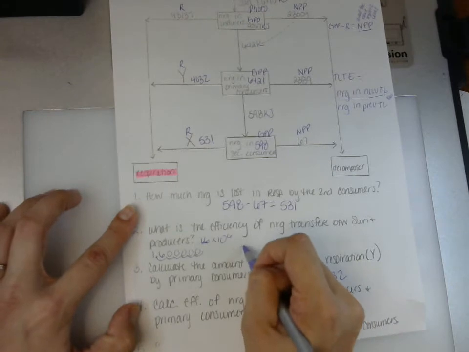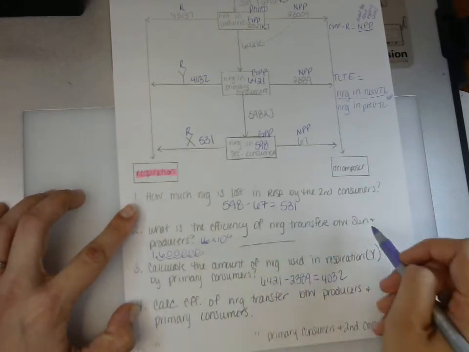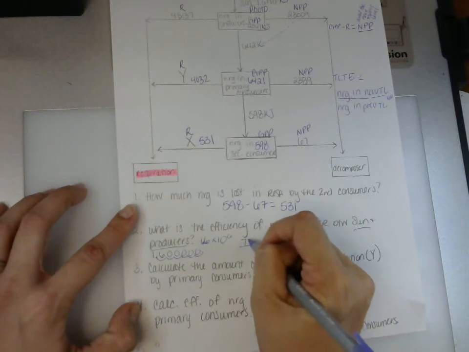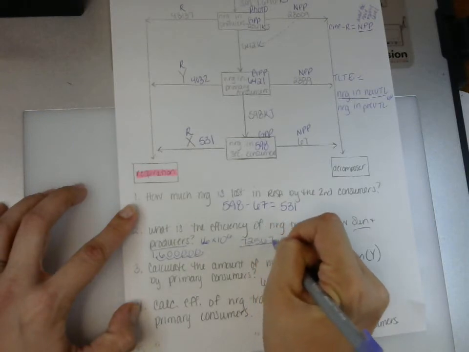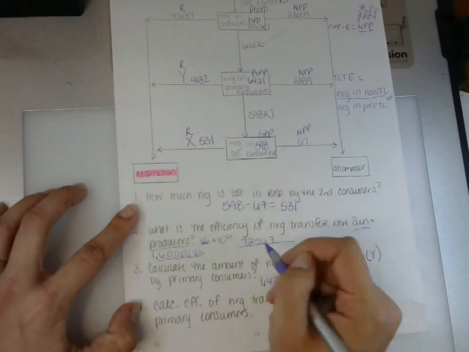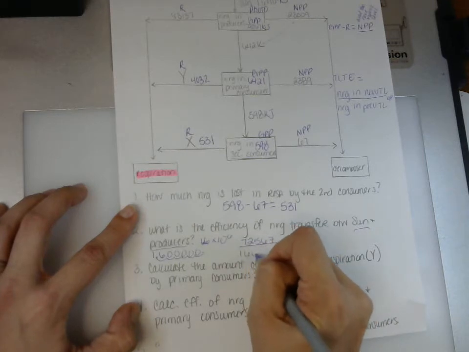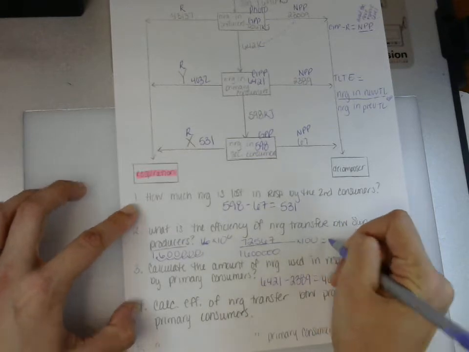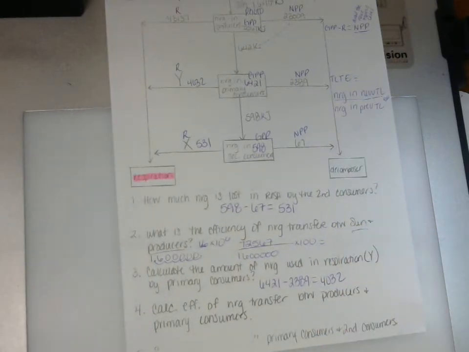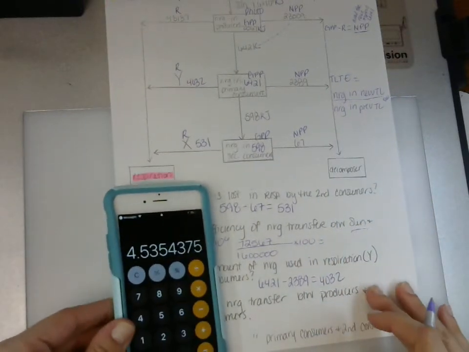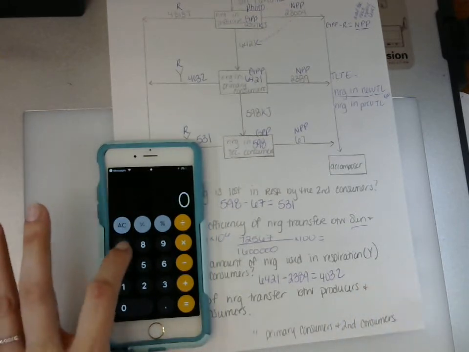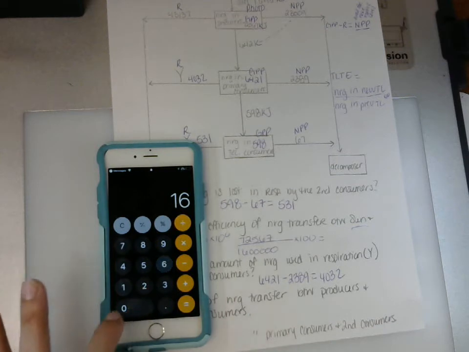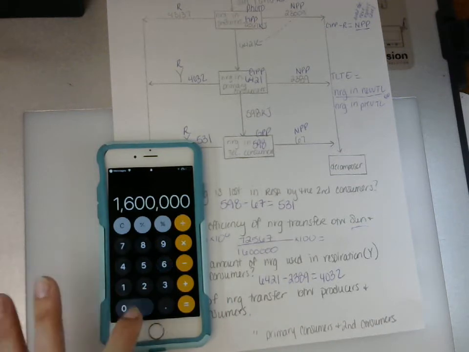Okay, and I can divide now. So I'm looking at the sun and the producers. The producers have 72,567 kilojoules of energy, and the sun is 1,600,000. Okay, let's divide that. 72,567 divided by 1,600,000.